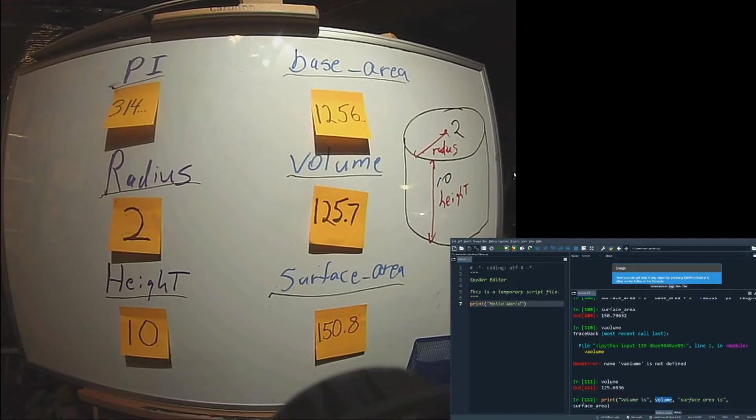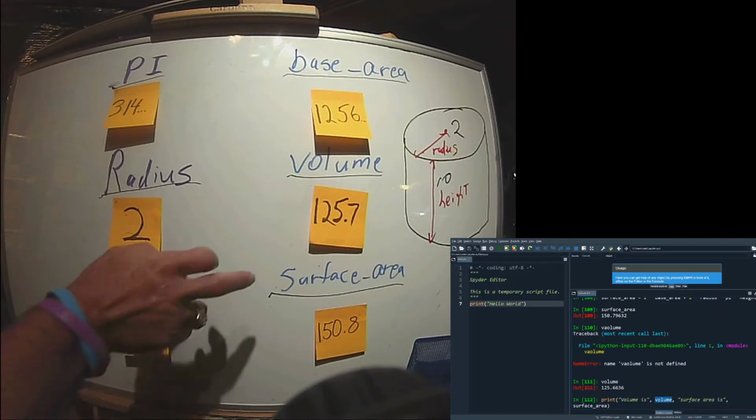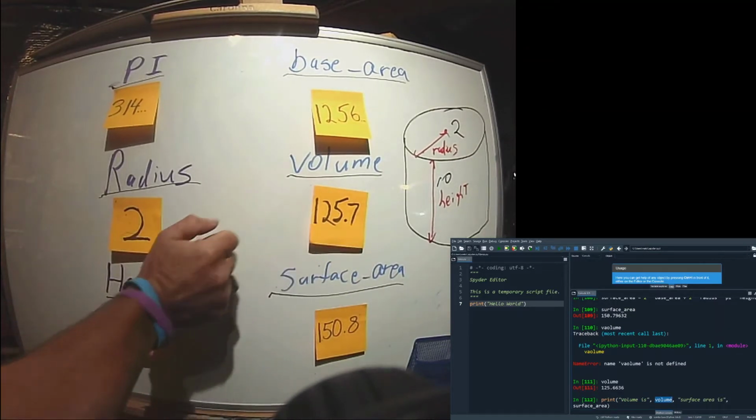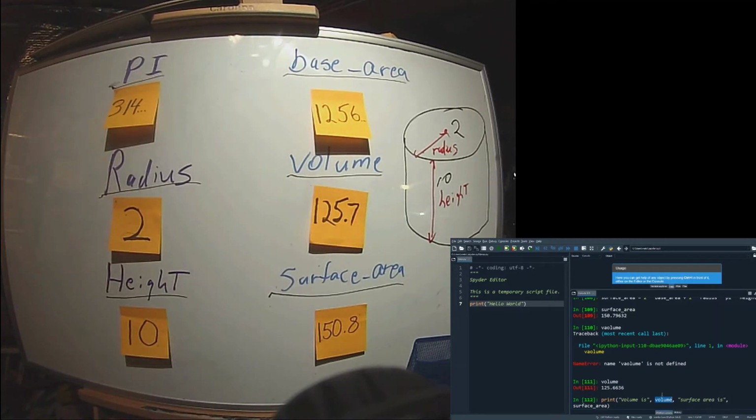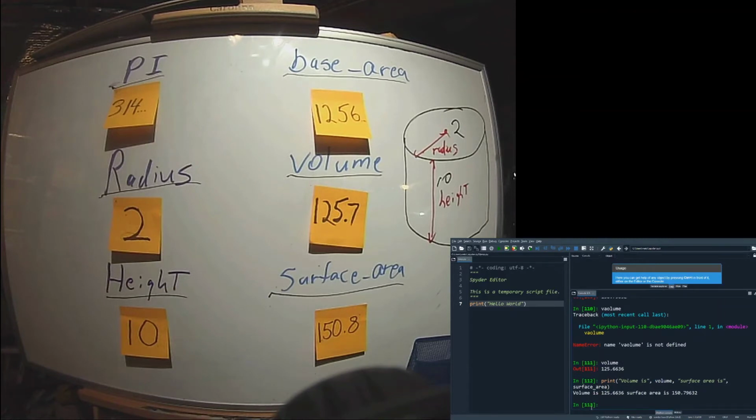It's going to find the value of volume, right, which is there, and substitute it in where it sees volume. It's going to print out the string surface area is. It's going to find the value of surface area right down here and pull that in. Okay. And then it's going to print them all out, and it's going to come up with something like that.